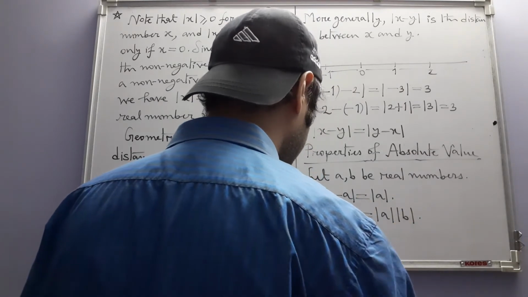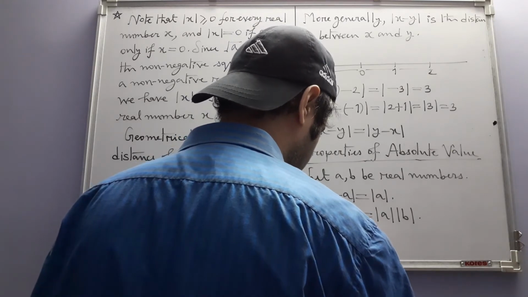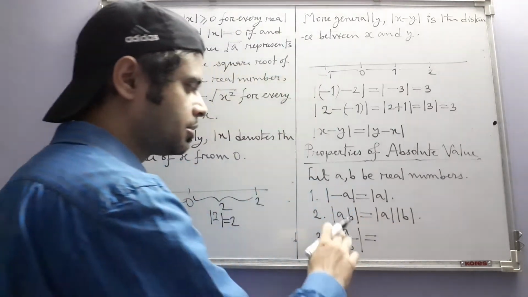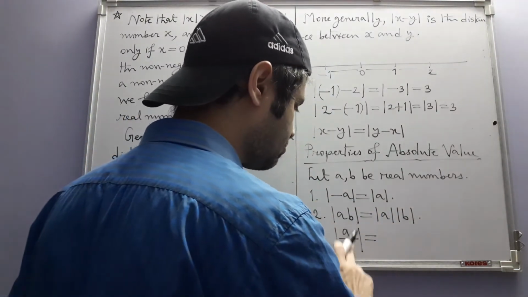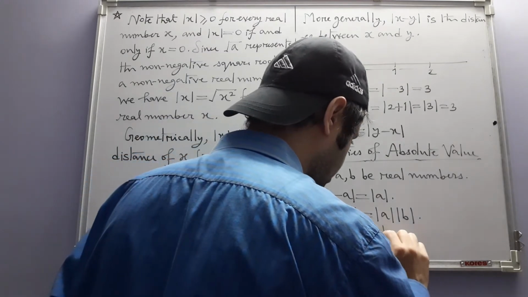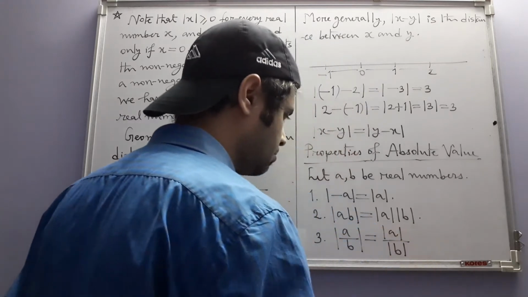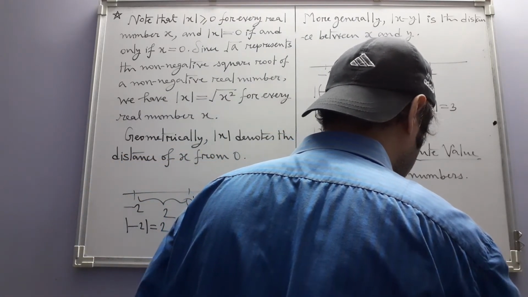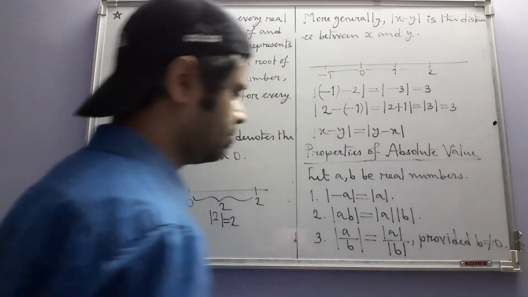Number 3, so absolute value distributes itself over a product, and it also distributes itself over a quotient like this, provided of course that b is not equal to 0.